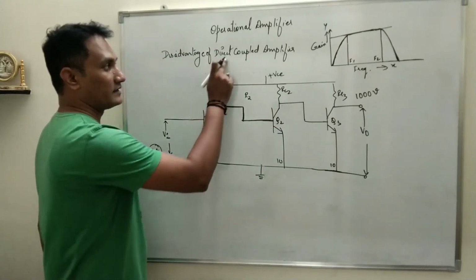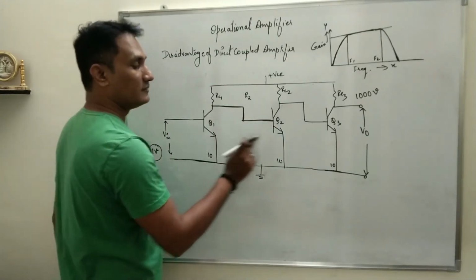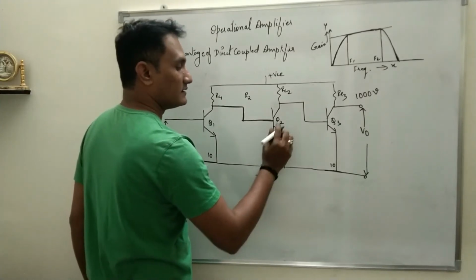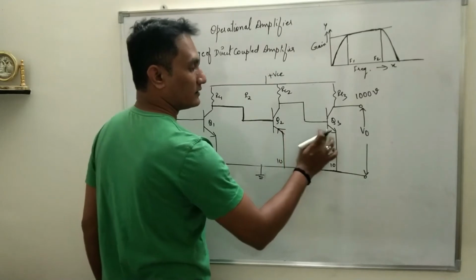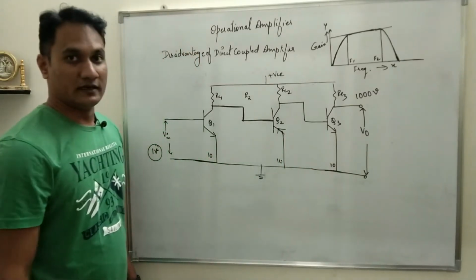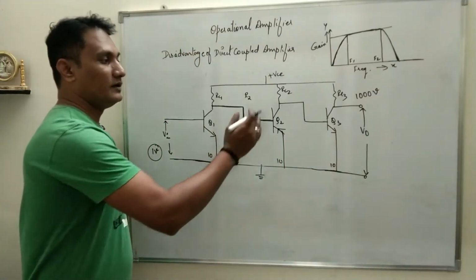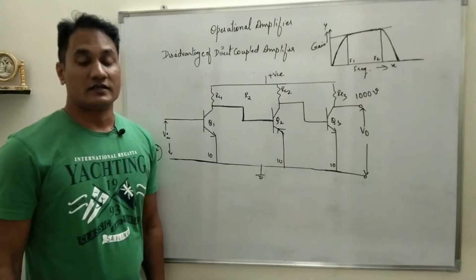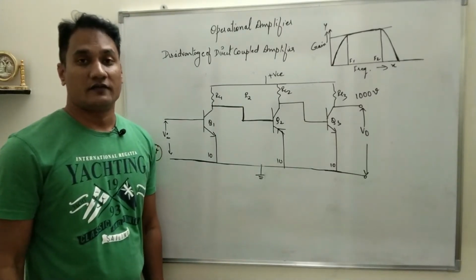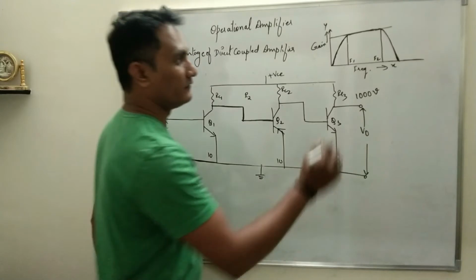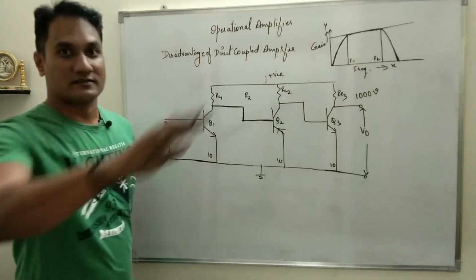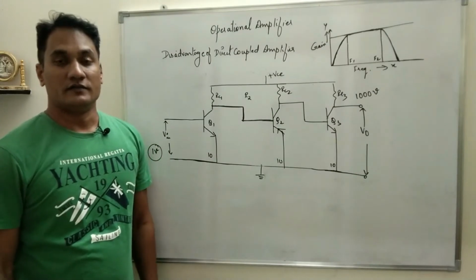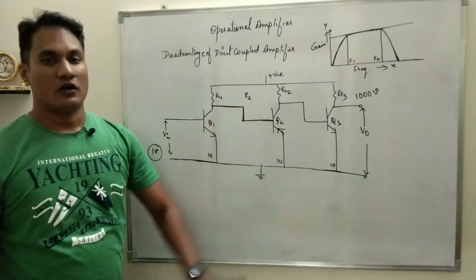In direct coupled amplifier, if the first stage is NPN, the second transistor will be PNP, so the arrow mark will be outward. The third will again be NPN. If you use complementary transistors, the amplification factor does not get affected at high frequency. So at high frequency also the gain remains constant. So you get a straight line, that means gain remains constant for all frequencies.